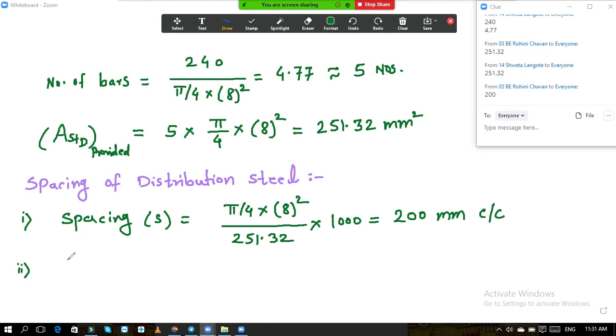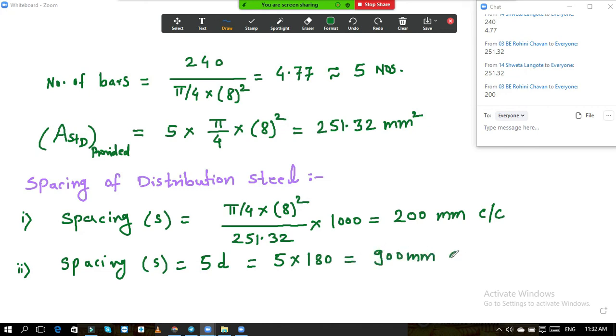Second thing, spacing for distribution steel must be 5D. For main steel it is 3D, for distribution steel it is 5D. So 5 into D is 5 into 180, which is near about 900. Check the value, and if it is wrong, then let me know. Third, in no case spacing must exceed 450 mm center to center.